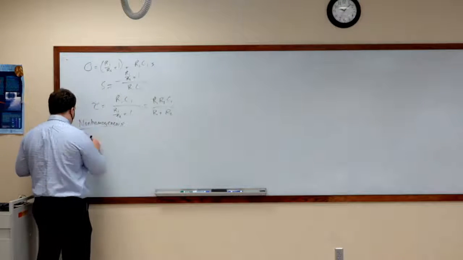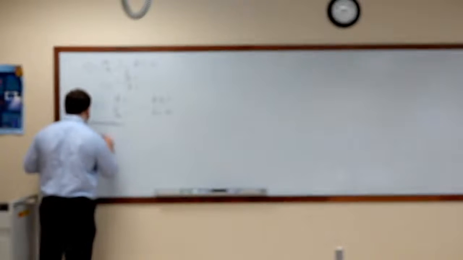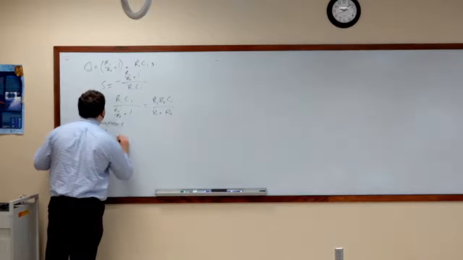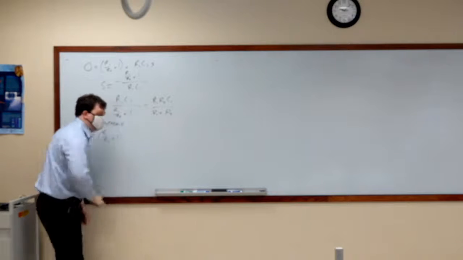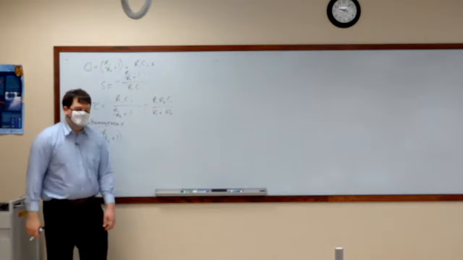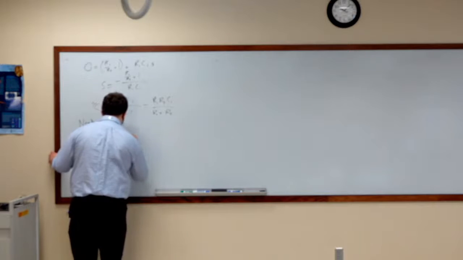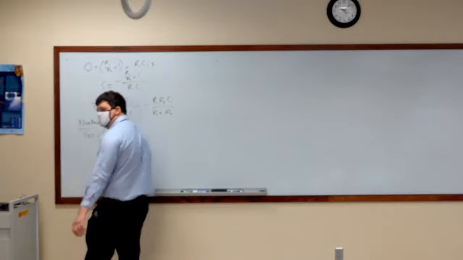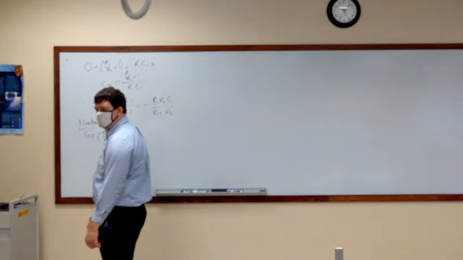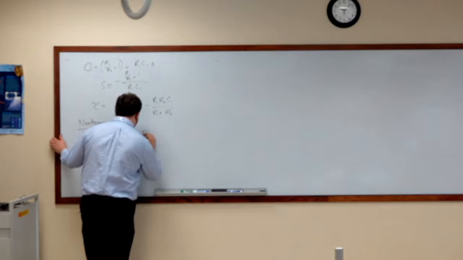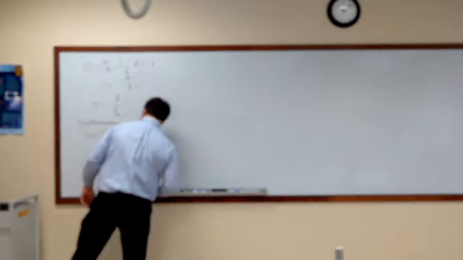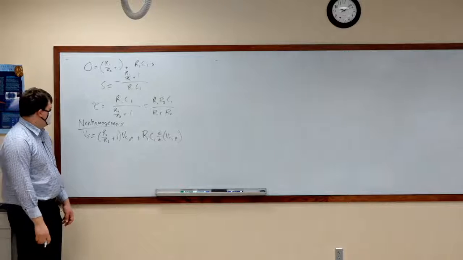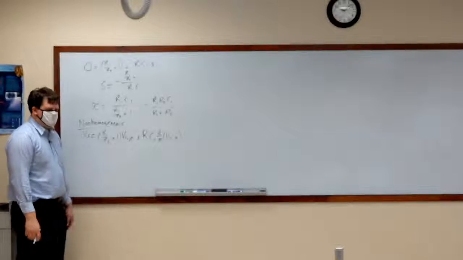So if we go back into the original equation, Vs is equal to R1 over R2 plus 1 times VC1P plus R1C1 times the derivative of VC1P. That's our next step. What is VC1P?